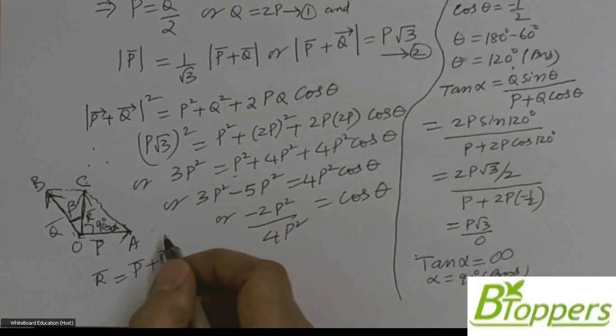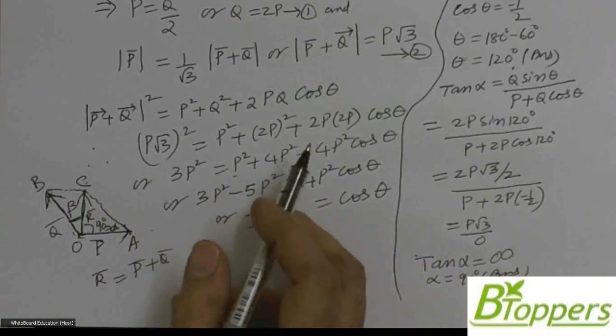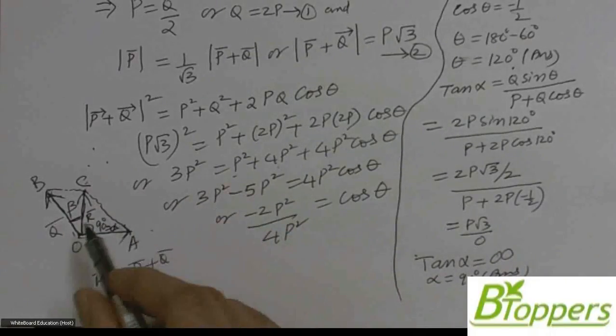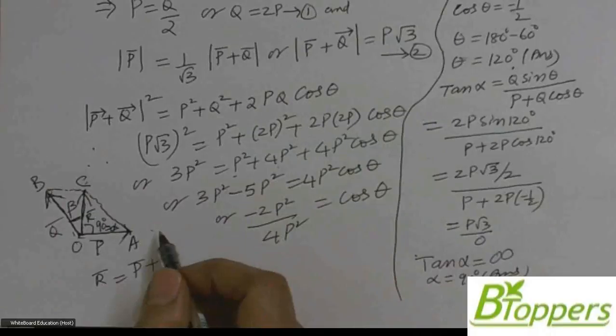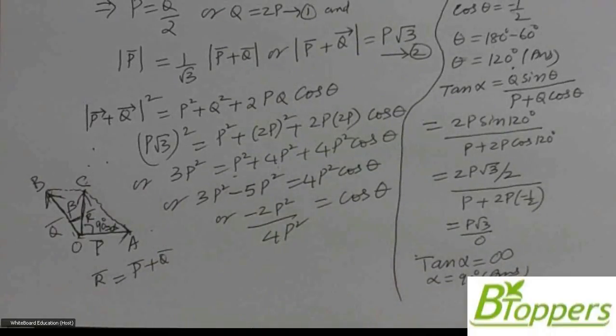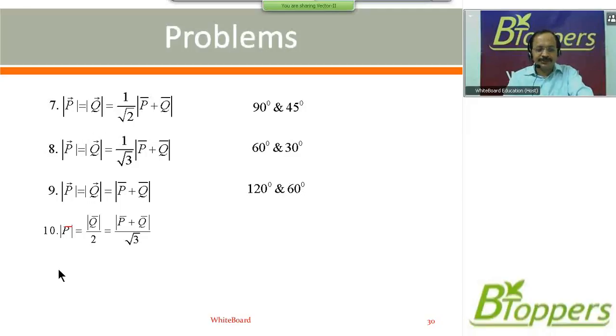Theta is the angle between P bar and Q bar. So here theta is 120 degrees, alpha is 90 degrees, so beta will be 120 degrees minus 90 degrees, that will be 30 degrees. So we have just discussed the question number 10. The answers are 120 degrees and 90 degrees.